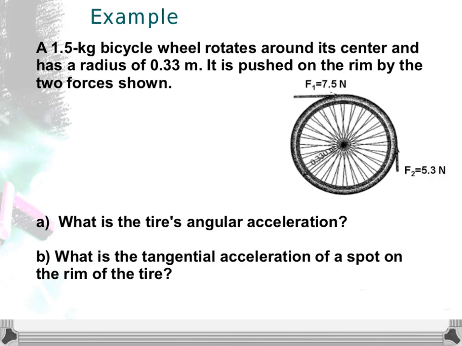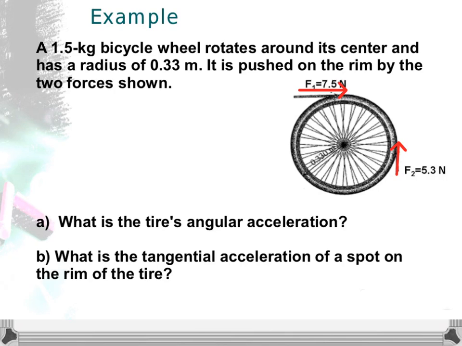It's kind of hard to see in this diagram, but let me draw that vector there. And then over here, we are pushing up with a force of 5.3 newtons. And we're going to assume that this bicycle wheel has a mass of 1.5 kilograms and a radius of 0.33 meters.